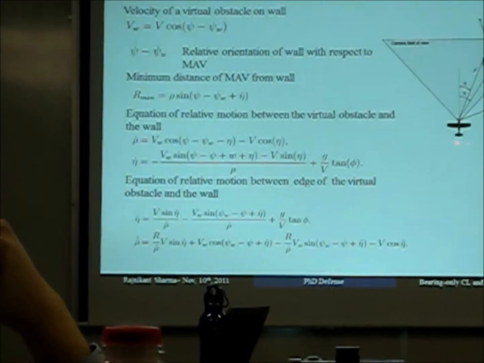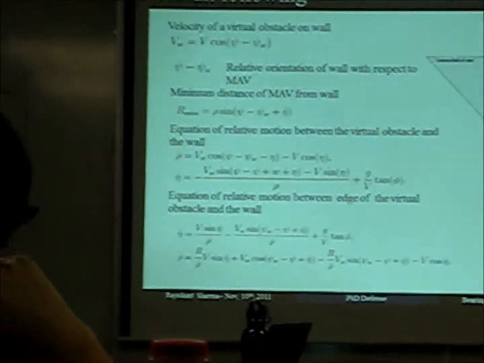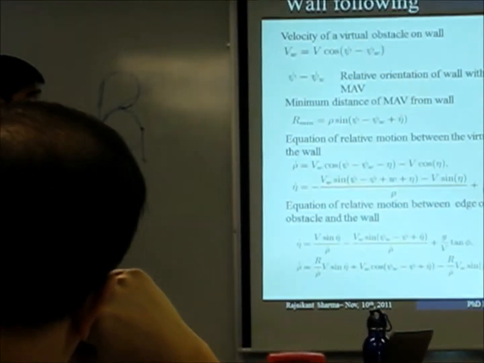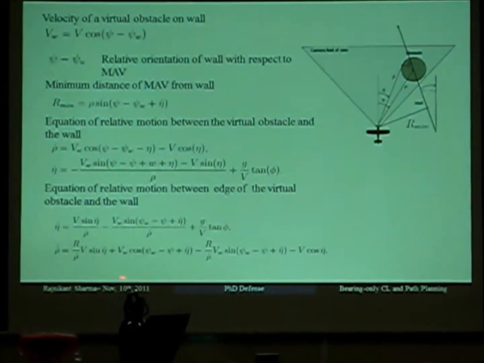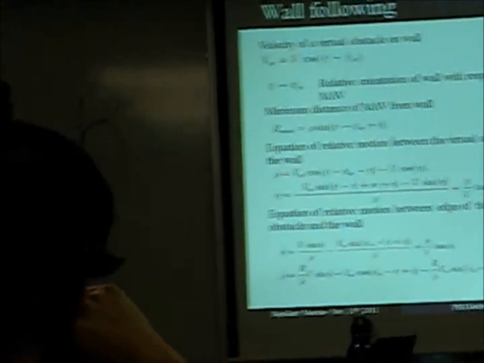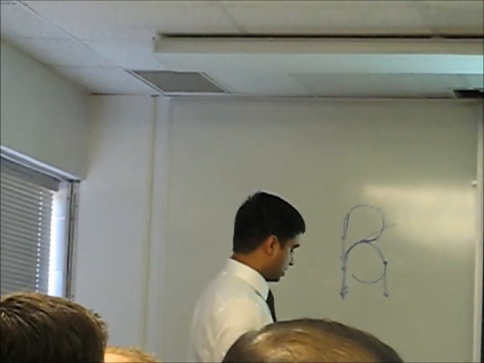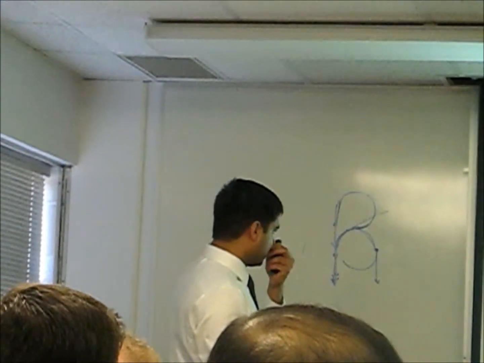We do the same thing we did for the cylindrical obstacle, but now this obstacle is moving. Earlier it was constant. We write down the relative equations of motion between the UAV and the edge of that moving obstacle, and we derive this controller here.